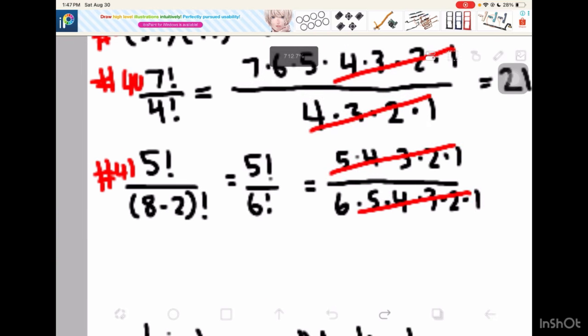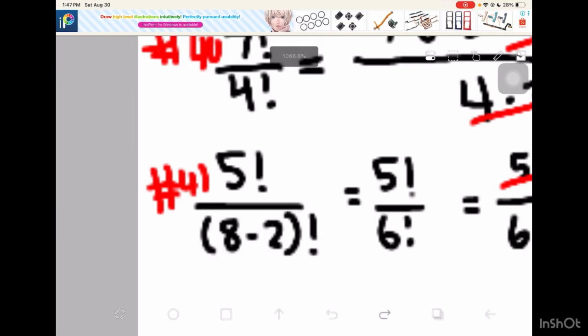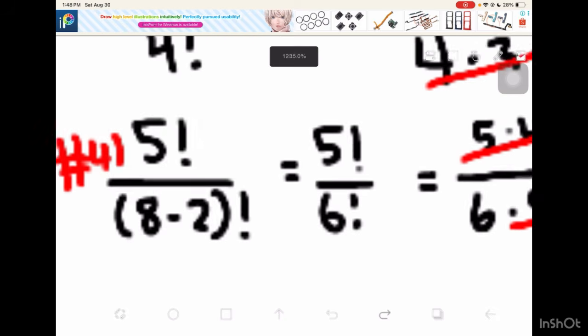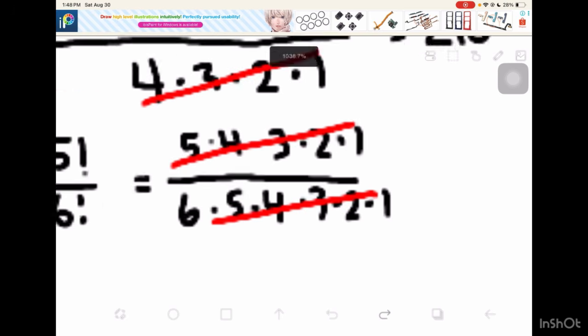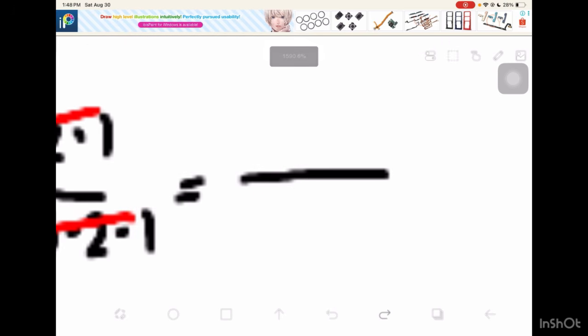Lastly, we have 5 factorial over, in parentheses, 8 minus 2 factorial. So we have 5 factorial over 6 factorial. When we expand it, it's 5 times 4 times 3 times 2 times 1 over 6 times 5 times 4 times 3 times 2 times 1. They share 5 times 4 times 3 times 2 times 1, so we have a total of 1 over 6.